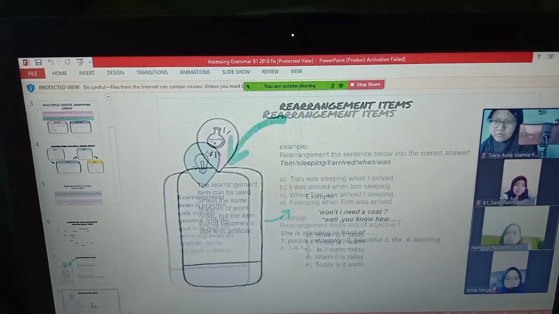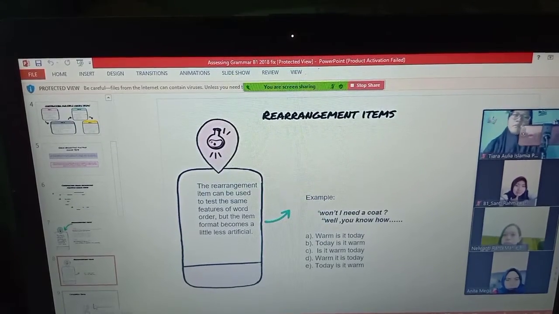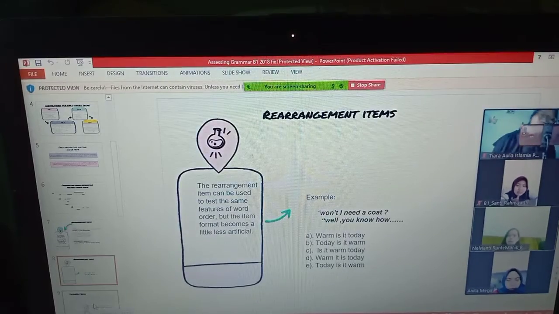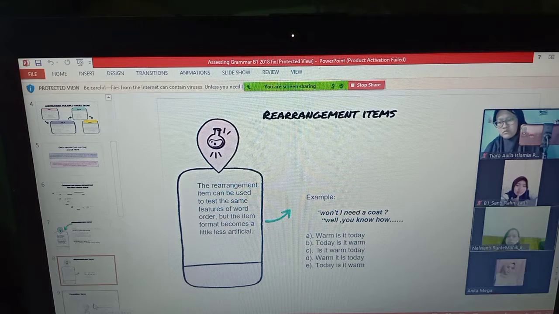Okay, the next slide is about the third example. Before we discuss the example, let's see the text on the right side. The rearrangement item can be used to test the same feature of order, but the item format becomes a little less artificial.